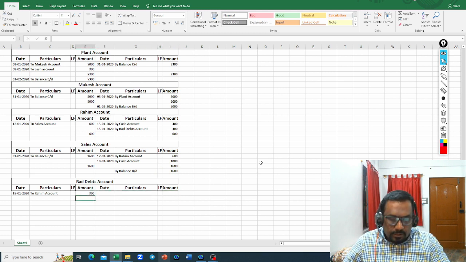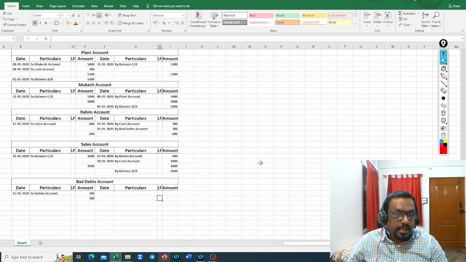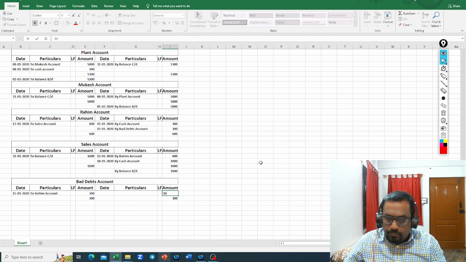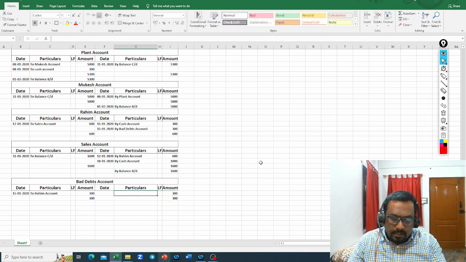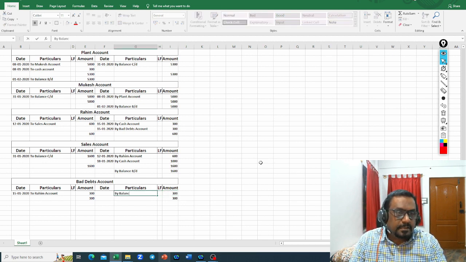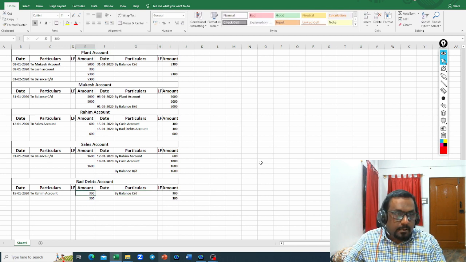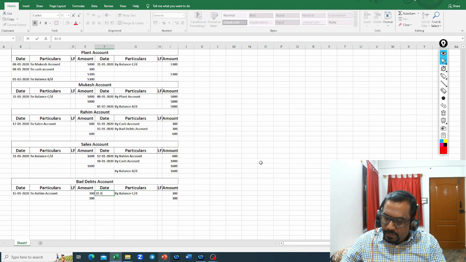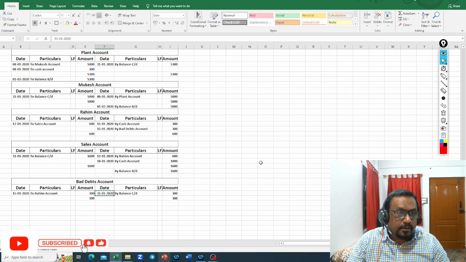Then here I need to total this, 300, and bring in the same total on this side, 300. Nothing to subtract, so put the same amount here, by balance carried down on 31st January 2020. I think I did not put the date on top.